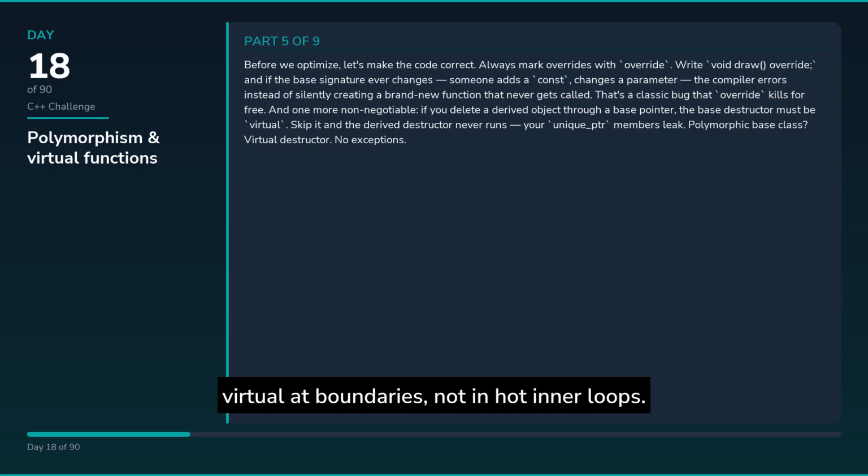And one more non-negotiable: if you delete a derived object through a base pointer, the base destructor must be virtual. Skip it and the derived destructor never runs, your unique_ptr members leak. Polymorphic base class? Virtual destructor. No exceptions.